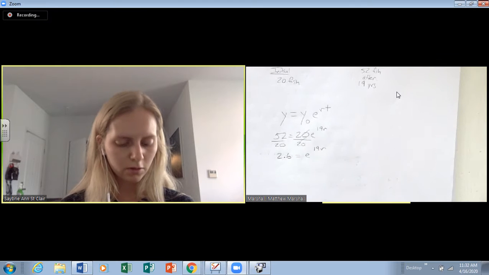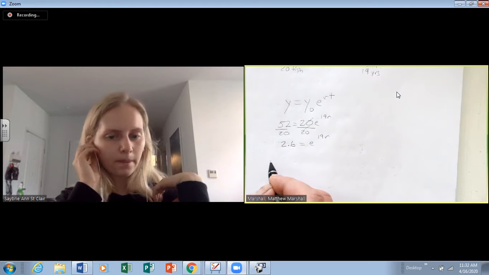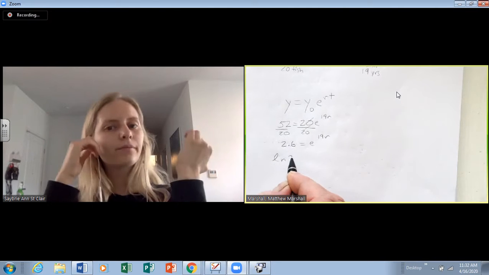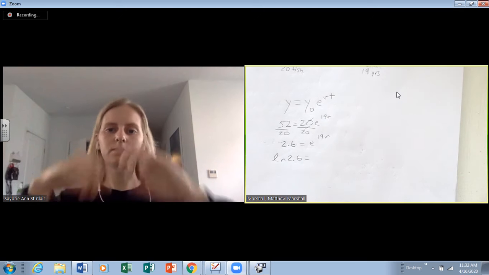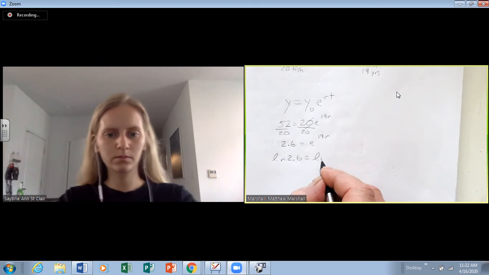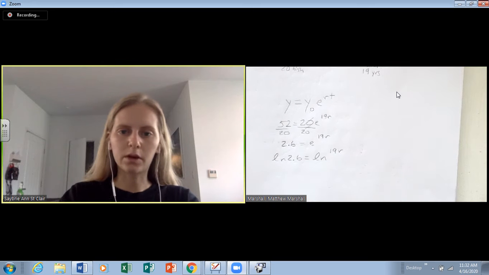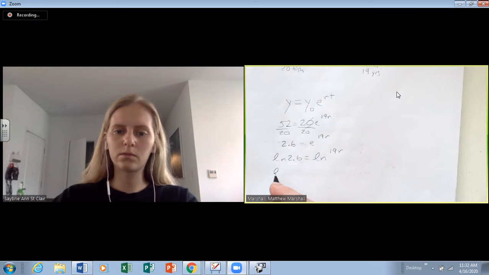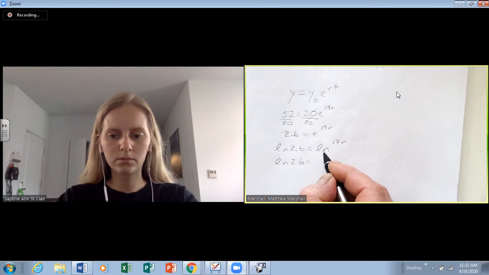So I'm going to use natural log because of that e. I'm going to use ln 2.6 equals ln e to the 19r. And then by definition, I could write that as ln 2.6. Whoops, this is an e right here.